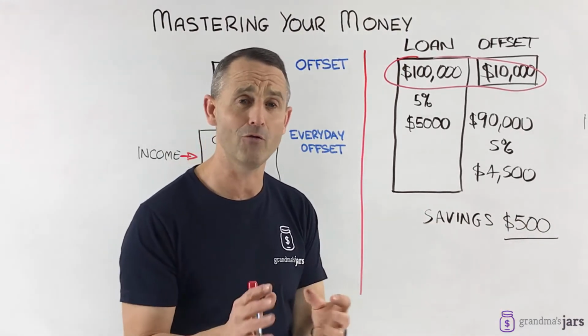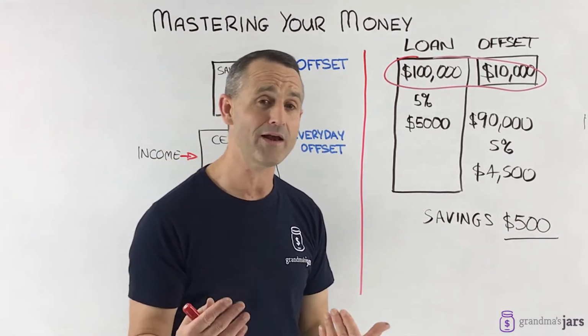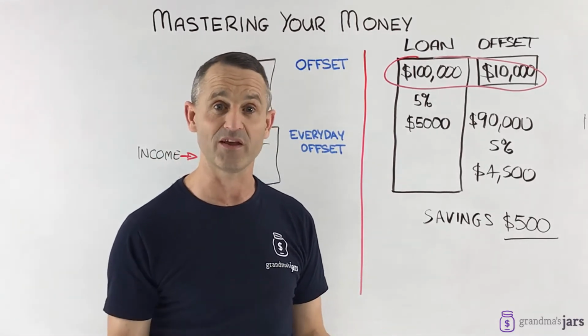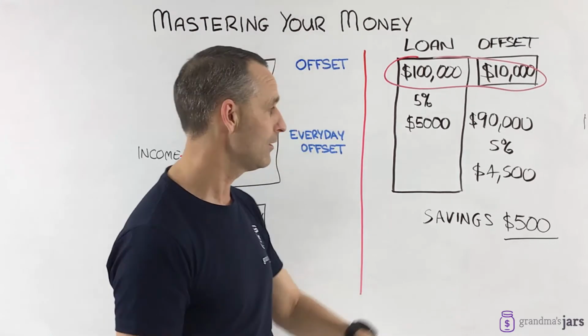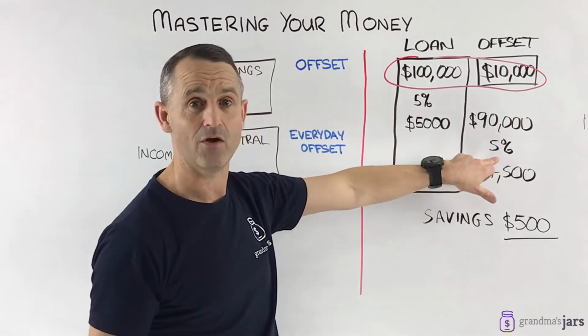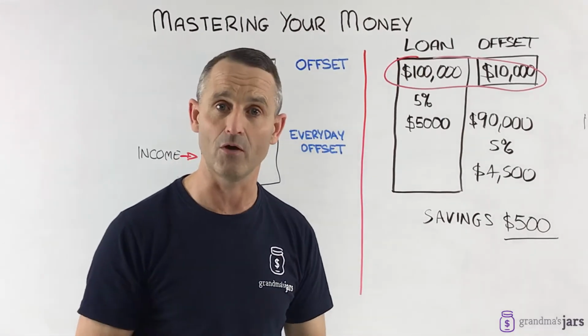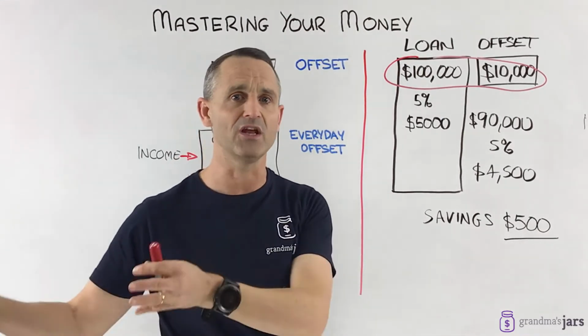Now this is powerful because when you think about it, right now, the best you can get in a bank account is about 2 to 3% interest return. Here, we are saving ourselves 5%, which is almost double what we could earn ourselves in a bank account that's earning interest.